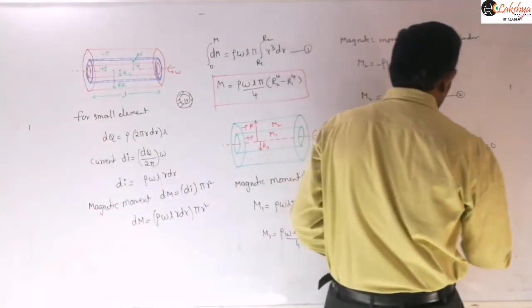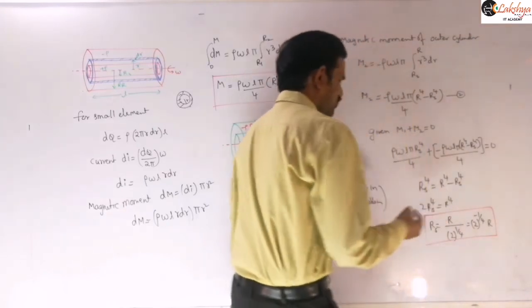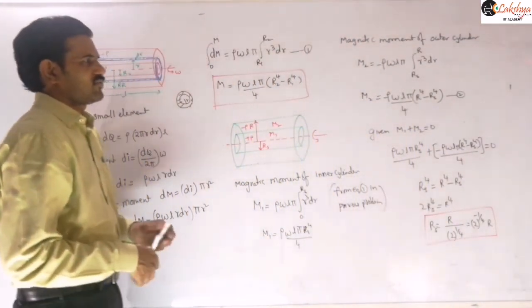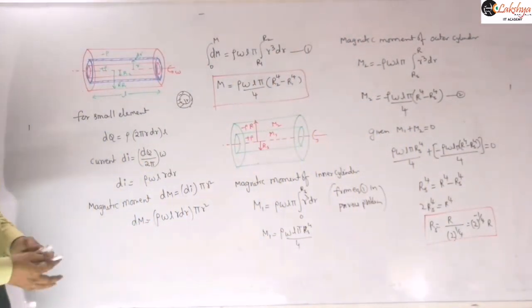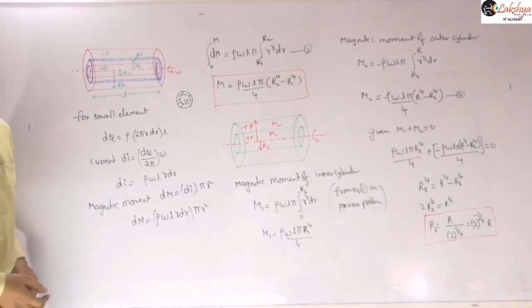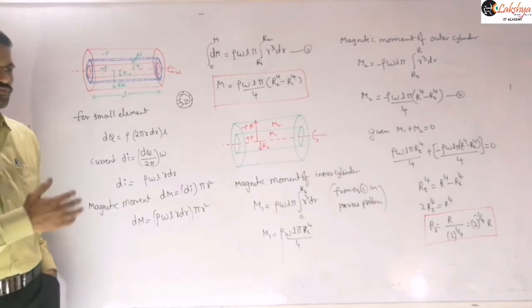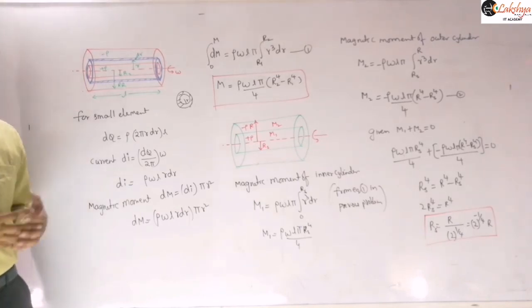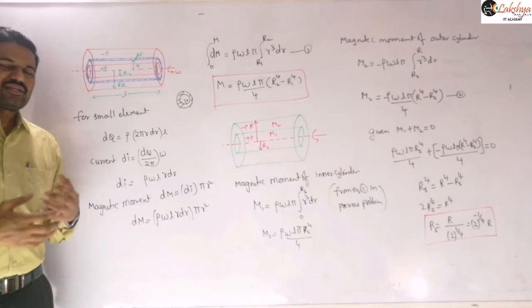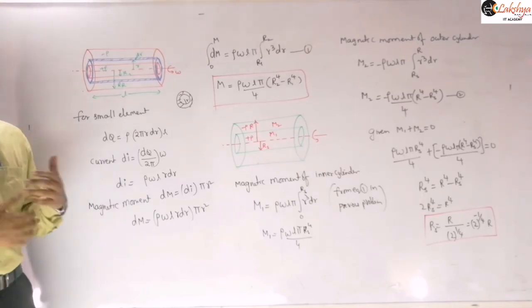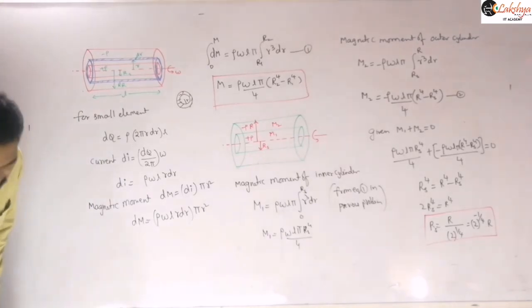This is a relation between radii: up to that radius it should be filled with positive charge, and the outer part should be filled with negative charge density. So that is that problem: we are taking two types of charge densities in the same object such that the net magnetic moment of that system will be zero when you are rotating that system.